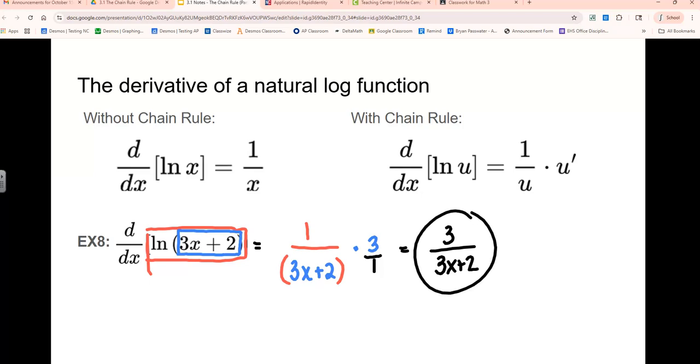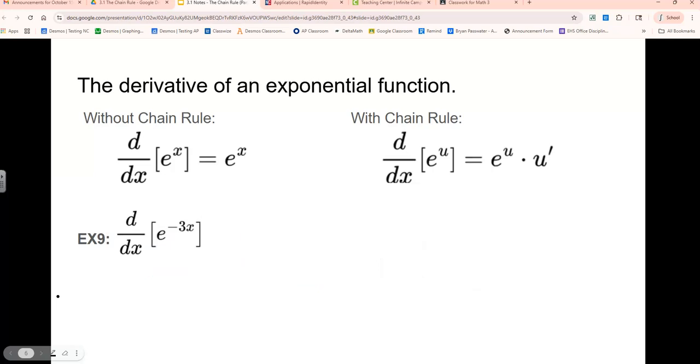In general, these can be difficult if a natural log shows up inside of a product rule or something like that. But if it's just a straight natural log, they're usually fairly straightforward for that.